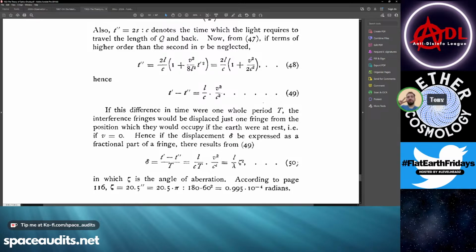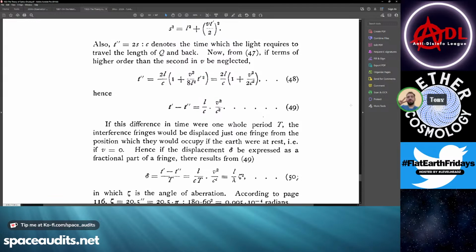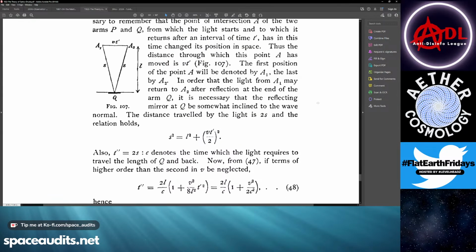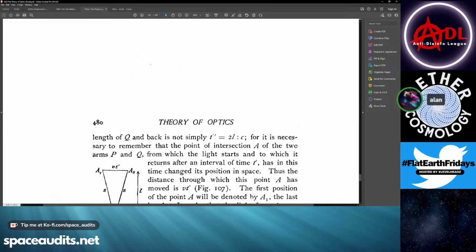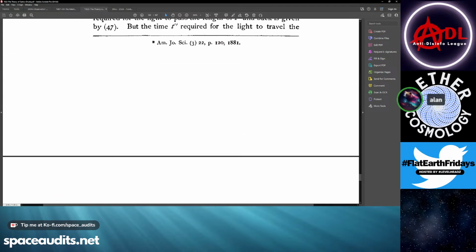So T double prime is the... Can you scroll back up a little bit more again? Sorry. Yeah, you're good. So s squared equals L squared plus. I think that was P and Q.